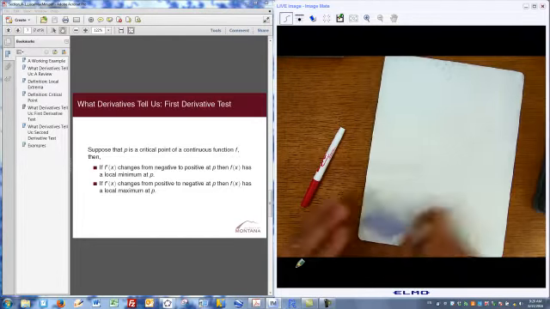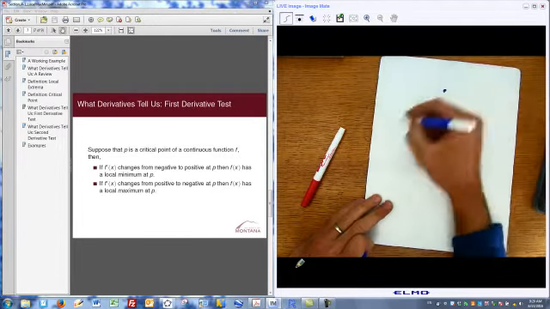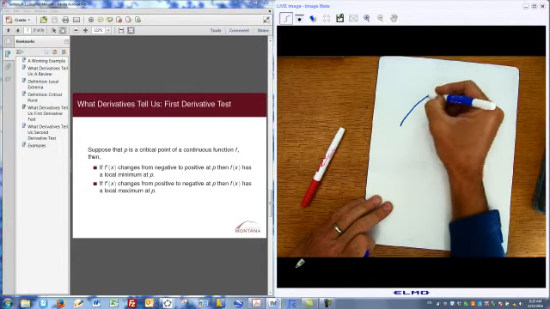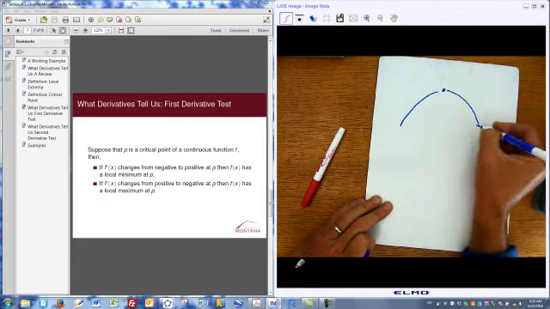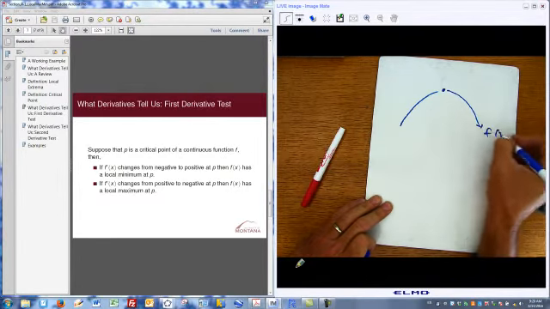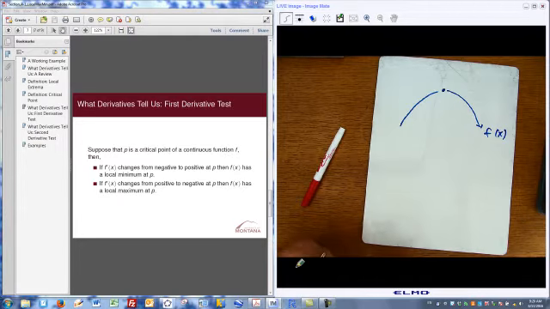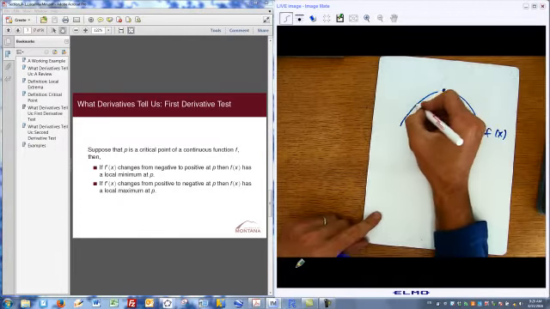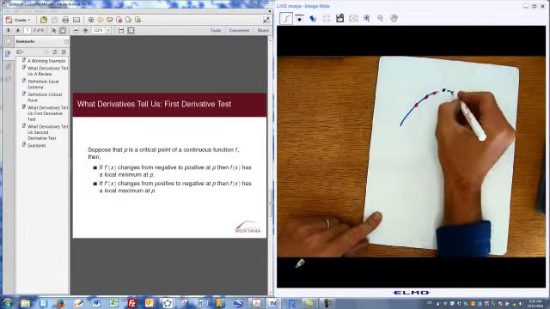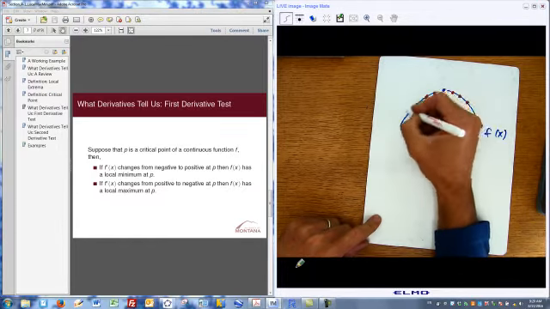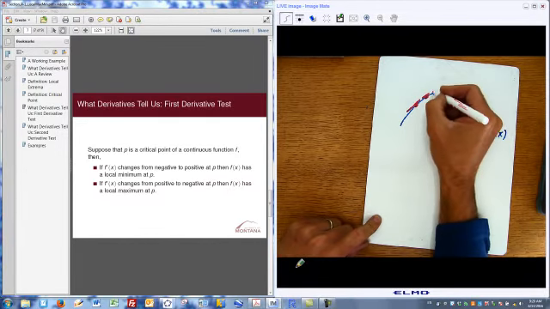So first derivative test, let's draw a picture of a local max. Let's say f of x looks like this. Then what would we think here? Well, if we put points here, we could think about slopes.